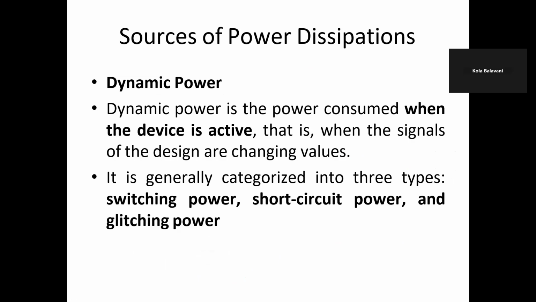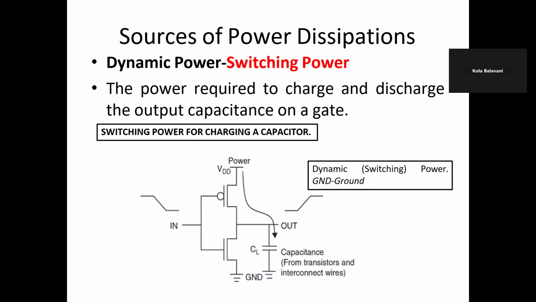Switching power is one major type of dynamic power. Dynamic power is also called active power. Why? Because in this type the device is in the on state and it does the operation, meaning the signals are changing their values. It is explained by using the basic CMOS inverter diagram.